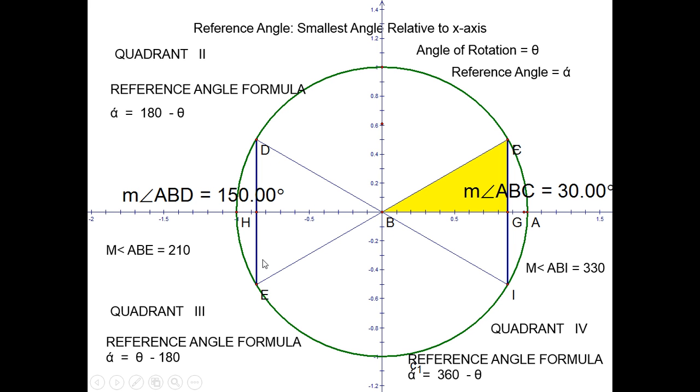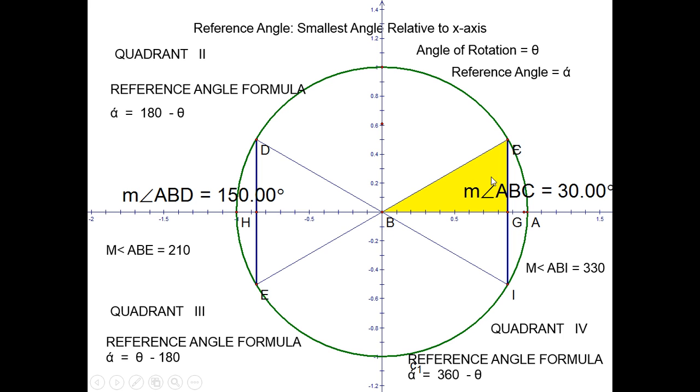Okay, 30 degrees over 180 puts me in quadrant 2, and 30 degrees short of 360, 30 degrees short of a full revolution, puts me in this position here, 330 degrees. Okay, the smallest angle relative to the x-axis, easy to see, is 30 degrees, each one of these.